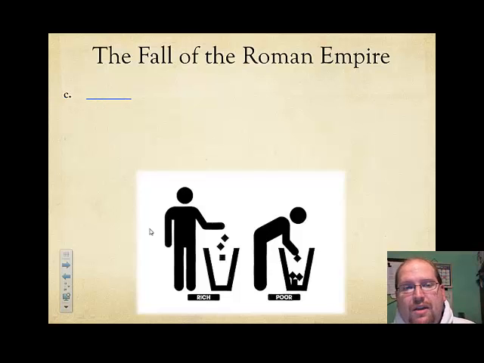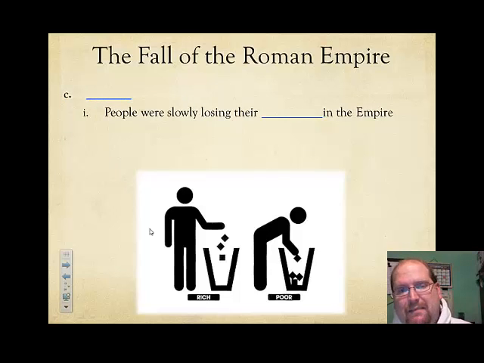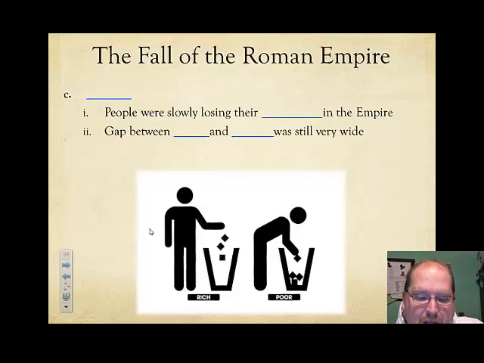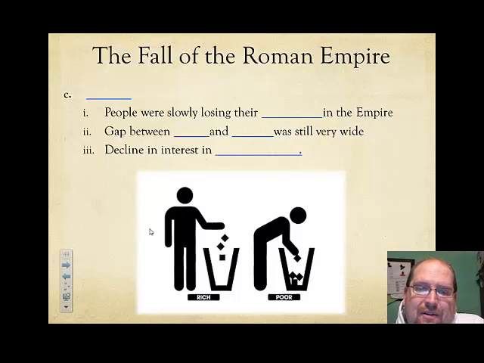So, the third problem we're going to talk about is social. People were slowly losing their confidence in the empire. There became an increasing gap between the rich and the poor, which is still very wide. Kind of sounds like what's going on today with this rich and poor thing going up. And there was a big decline in the interest in public affairs.